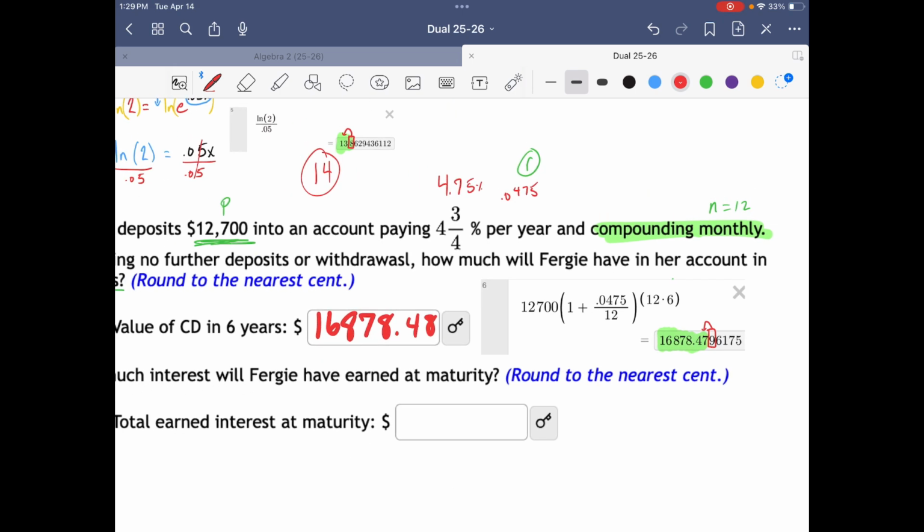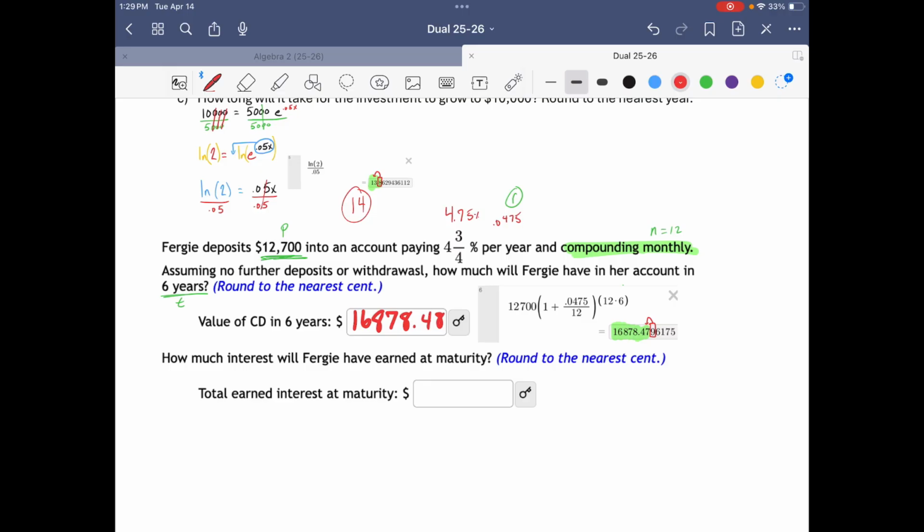Yep, there you go. And then the next question says, how much interest will Fergie have earned in maturity? In other words, how much interest did she get, right? Because she put in 12,700, right? And then she ends up with $16,878.48. So how much did she get in interest? Subtract them, right? Just subtract the two numbers together, and that's how much interest she got.